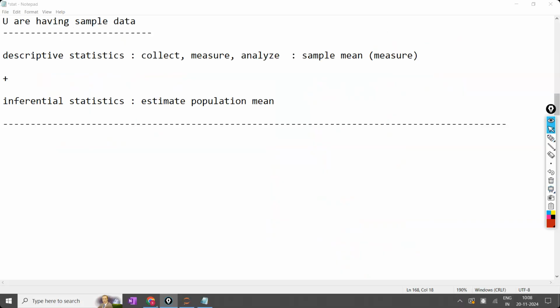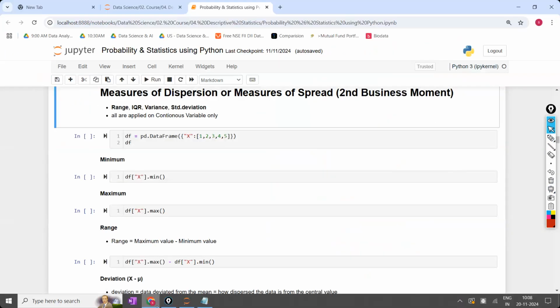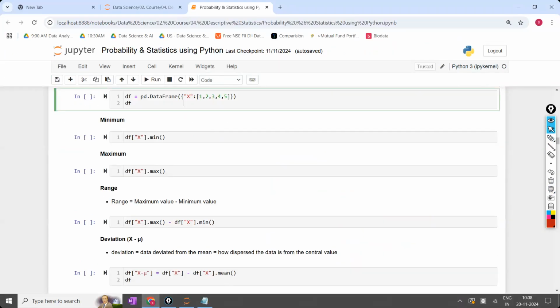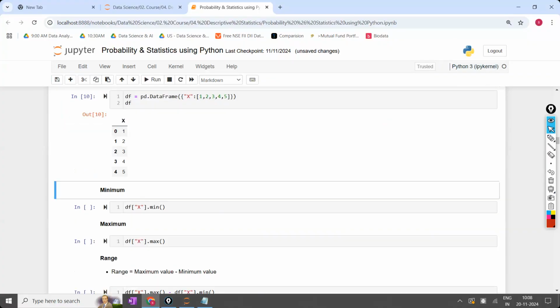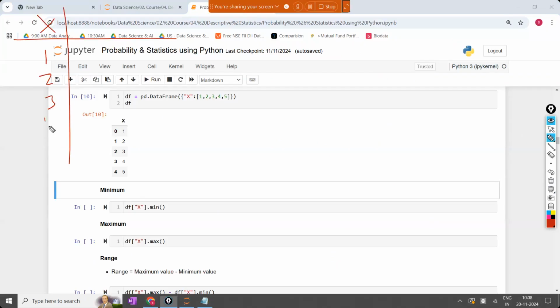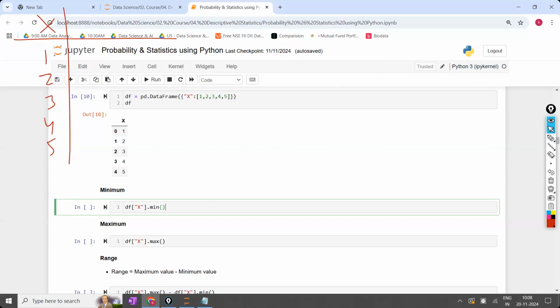Now, whatever I have explained, let us start discussing everything. See here, first I am going to take the data set 1, 2, 3, 4, 5. First, I am going to calculate the minimum. To calculate the minimum, I select the column for which I want the minimum, that particular column dot min.